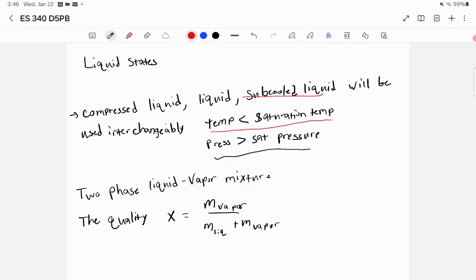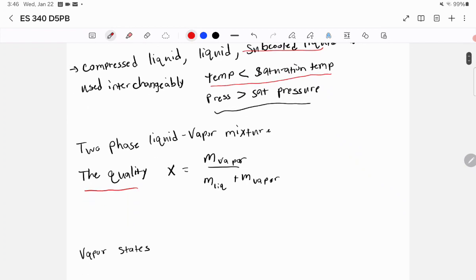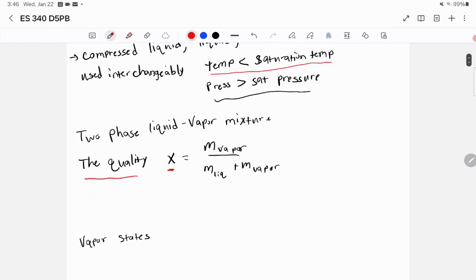And the idea here is we can actually express how much liquid and vapor we have, and the way to do this is using the quality. So the quality, which is given by X, is equal to the mass of the vapor divided by the mass of the liquid plus the mass of the vapor, which is the total mass, right?